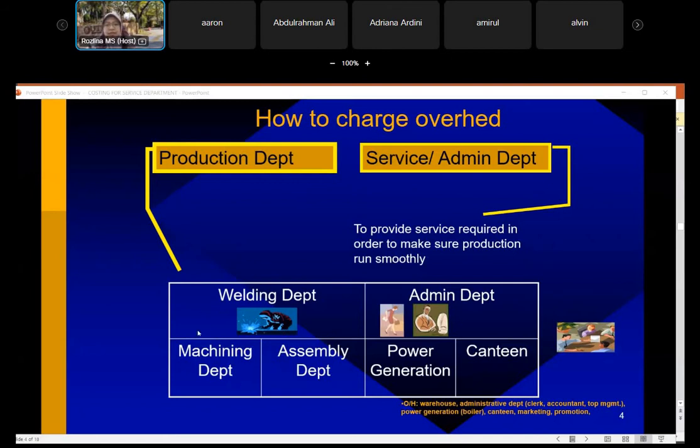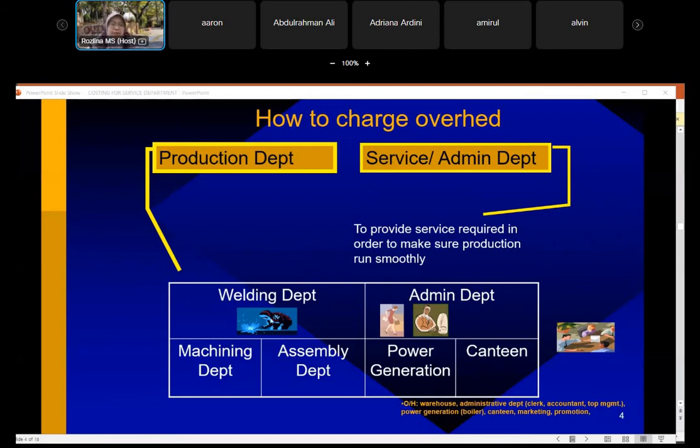Because you have to determine what is the cost of the product. Let's say a pencil, so you have to consider the insurance, the salary for the engineers, the power generation, and the company also serves canteen, for all the facilities. So all the facilities must be incurred, borne by the production department.